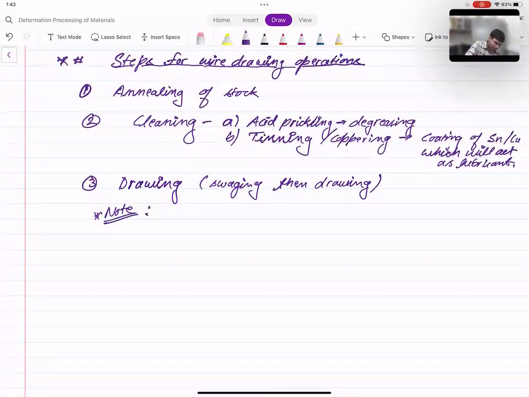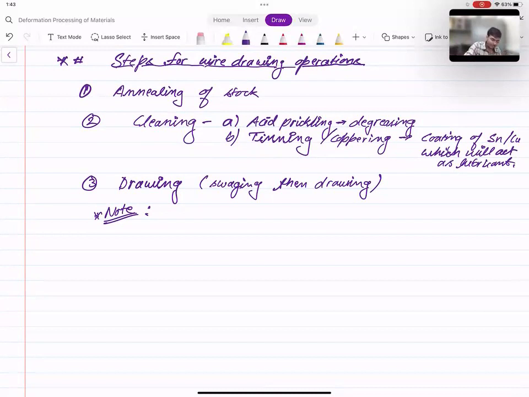Swaging basically means a die hammering type of process. Here, there is a die which frequently hits the stock or wire, and its section gets reduced, and then it is simply drawn further.